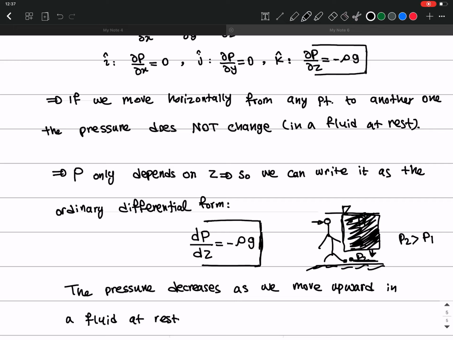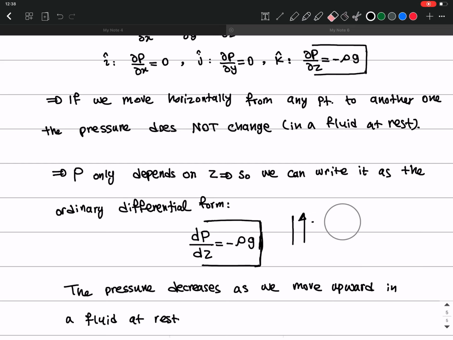But on the top, you have just this much water, so there is not much water. That is why the pressure at the bottom should be higher than the pressure at the surface. So the pressure decreases as we move upward in a fluid at rest and increases as we move downward toward the bottom. This was just an intuition of what this means.